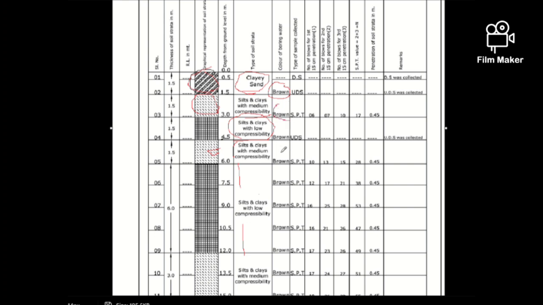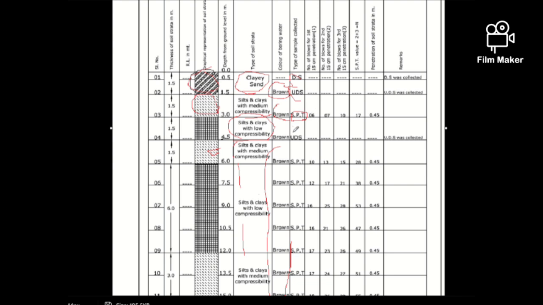Here all the soil or sample is brown. And at every depth, we note through which process the sample is collected, whether it is an undisturbed soil sample or a disturbed soil sample, or a standard penetration split spoon sampler. So we have to notice that and present that.